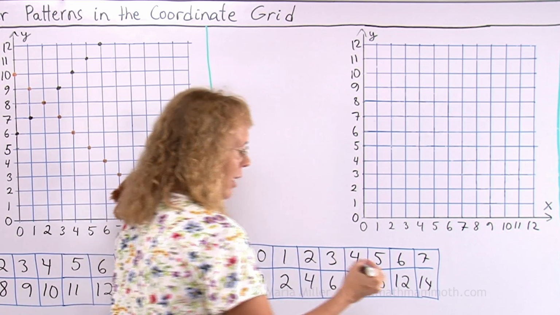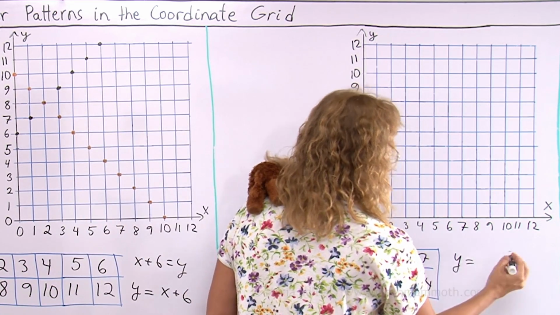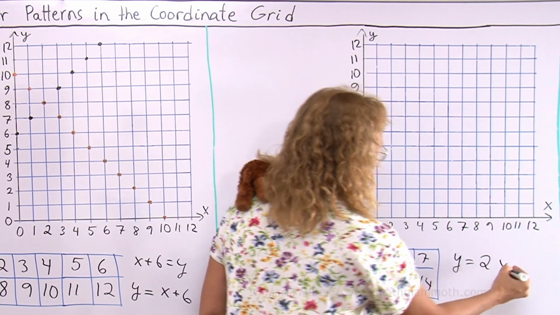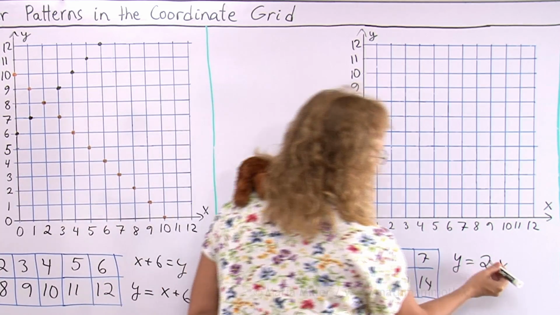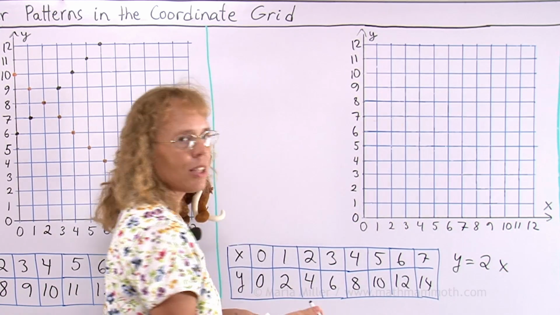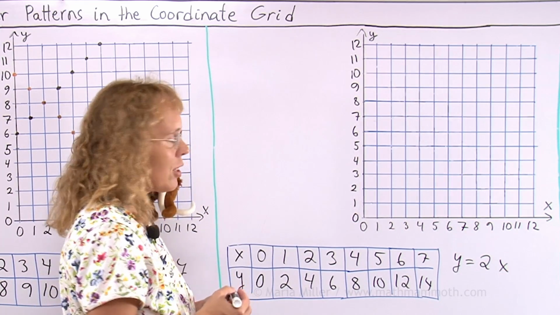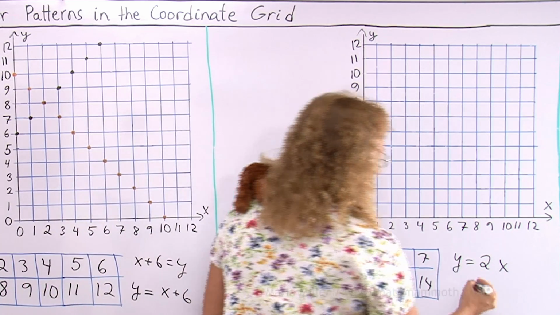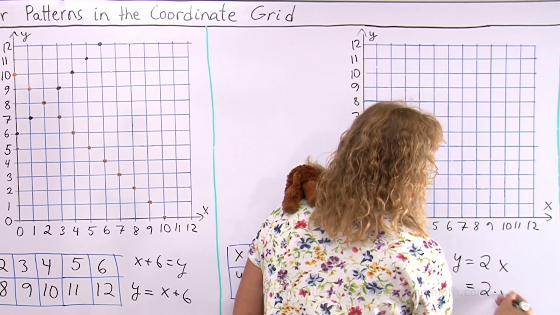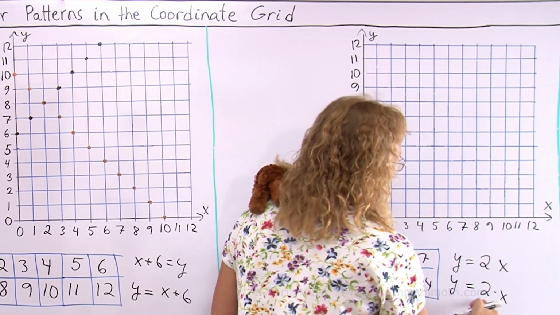Y is always double x. 2 times x. And now in algebra, we are not going to write the multiplication symbol x here. Okay, I cannot do that because it would be confused with x. So in algebra, we don't write the multiplication sign at all, or we would use 2 dot. Y equals 2 times x.